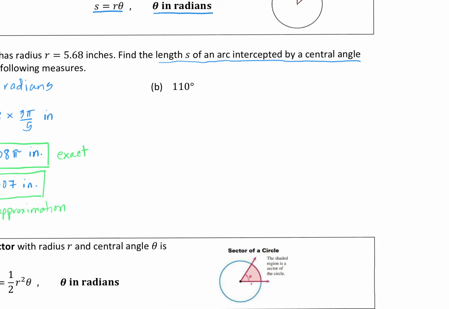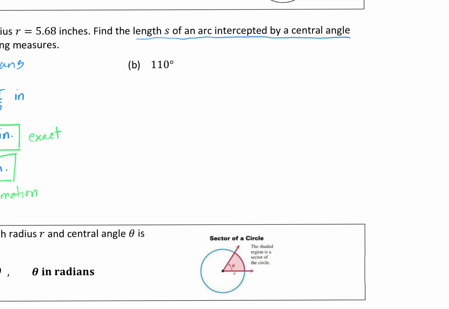In part B, I can't use the arc length formula because my angle is in degrees. I have to convert it to radians first by multiplying by pi over 180 and dropping the degree symbol. That's going to be 110 over 180, or 11 over 18. So 11 pi over 18. And that's going to be my angle theta in radians.